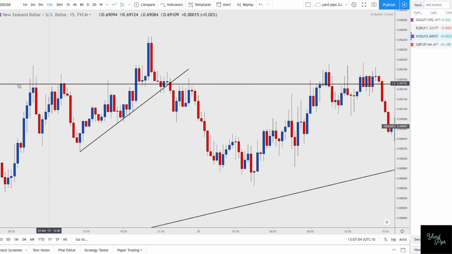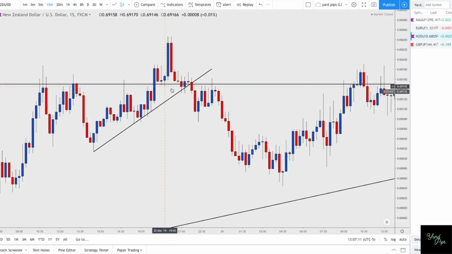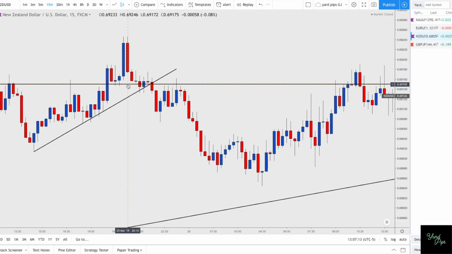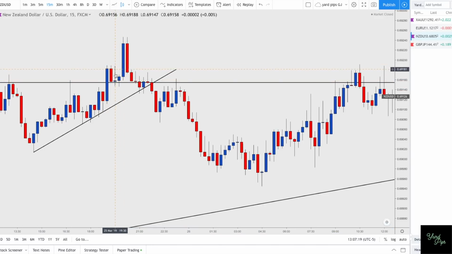This was the H4 line that we got from the previous level of support, which was broken, acting as resistance. So look right along here. See that? That's telling us that there's some form of buyers along this area, right?